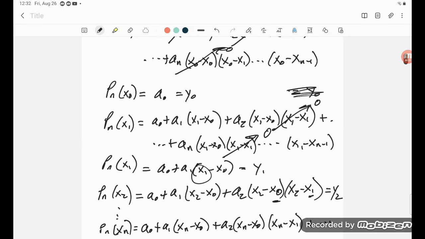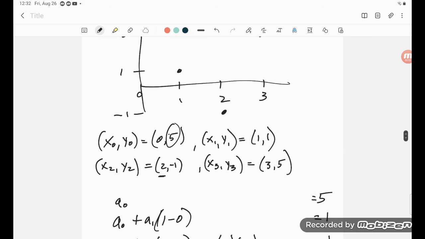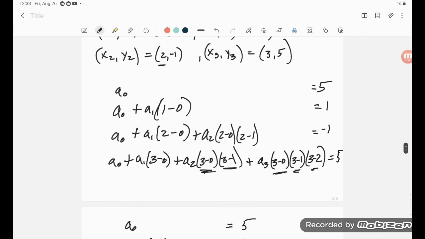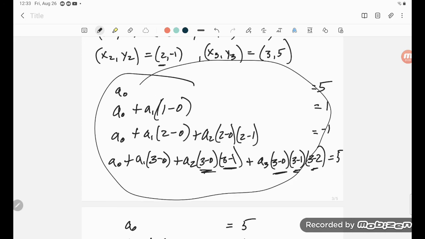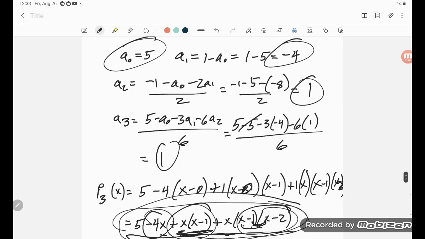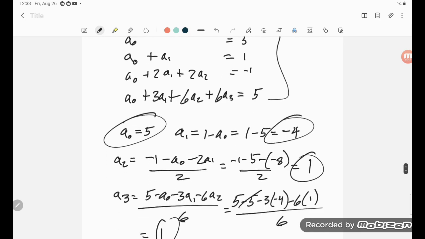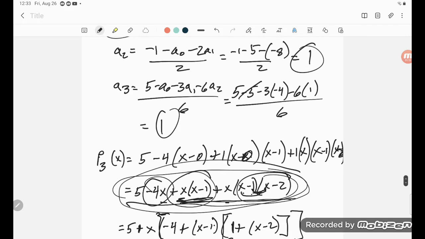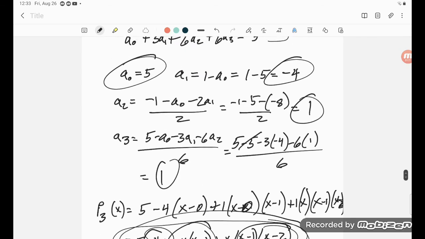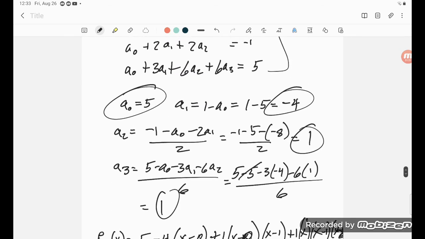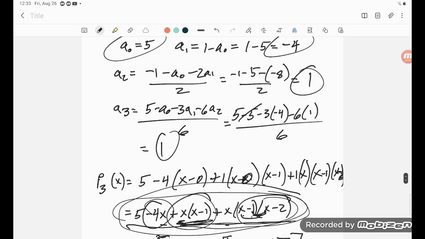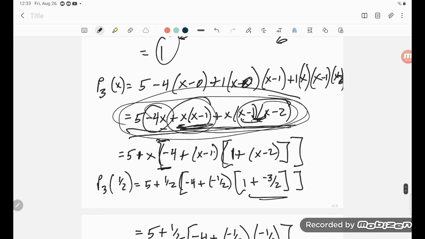Okay, so advantages, an advantage on this one over the standard form is that this set of equations is quicker to evaluate, okay, because of the lower triangular form there. So that's an advantage over the standard form. However, a disadvantage is it gives you this very nasty form here.